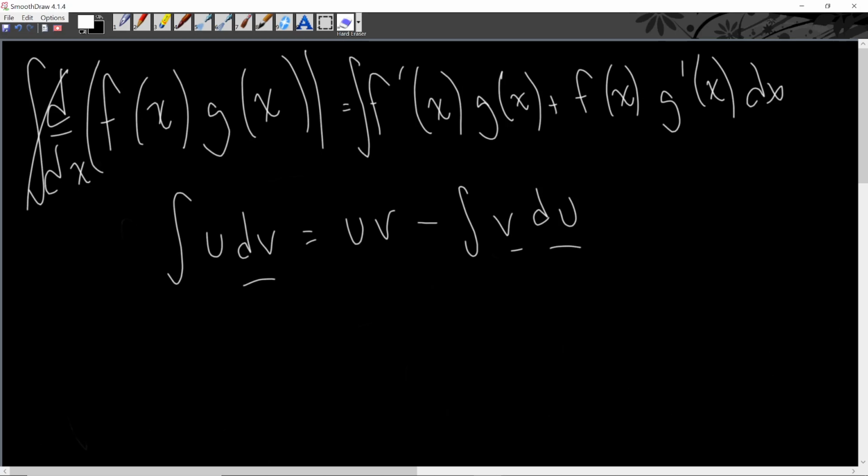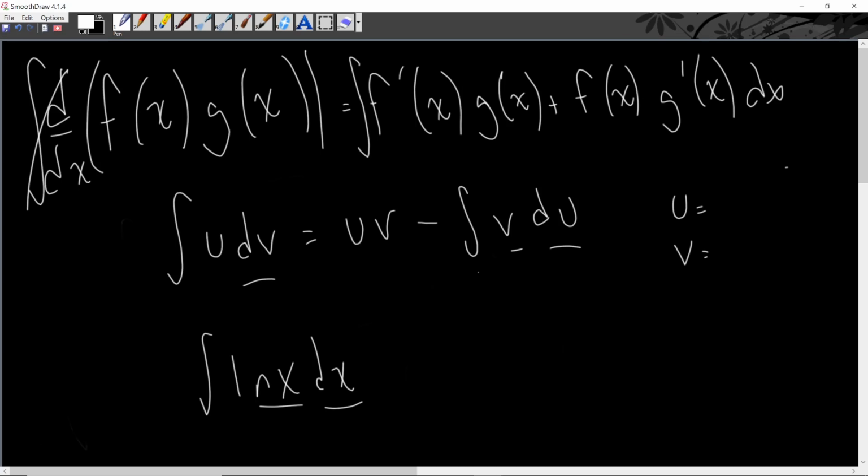Let's do the integral of ln x dx. So we have to find a u and we have to find a v. u is almost always going to be easy to differentiate, while v has to be easy to integrate.